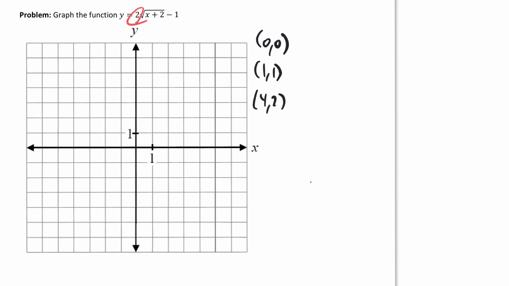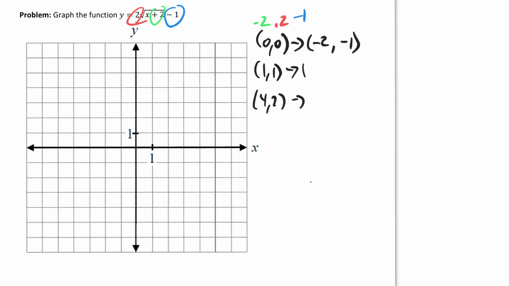So that means this 2 means we're going to have to multiply the y values by 2, and then we're going to have to subtract 1. This 2 inside means we're going to have to subtract 2 from the x values. All right, let's go ahead and do that to each one. So this becomes -2. 0 times 2 is 0, and then -1.